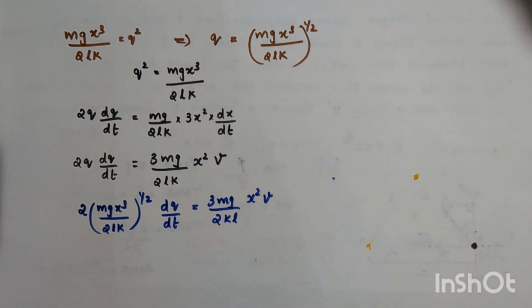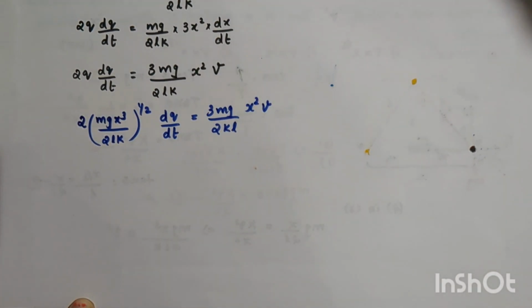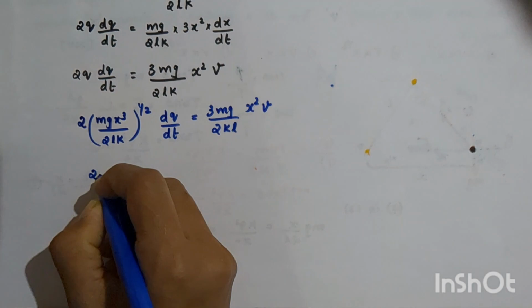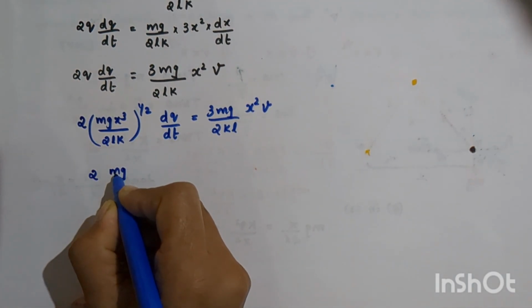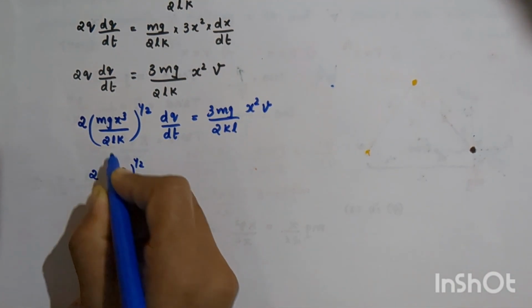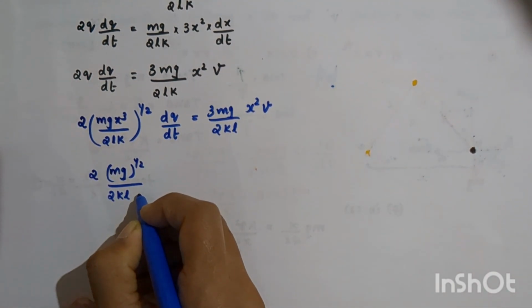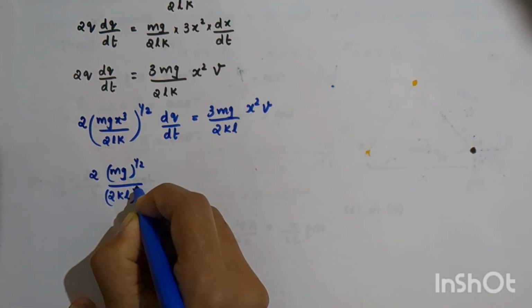Now you see, this can be written as 2 into (mg) raised to 1 by 2 divided by (2kl) raised to 1 by 2.